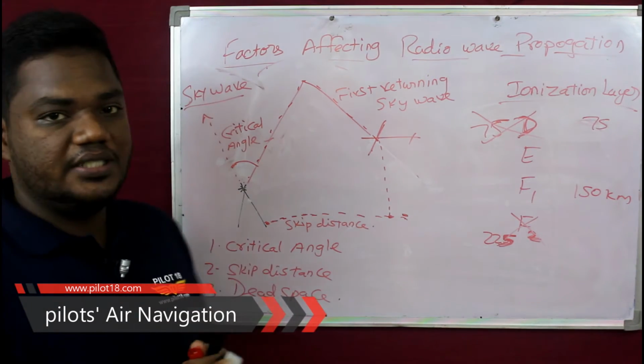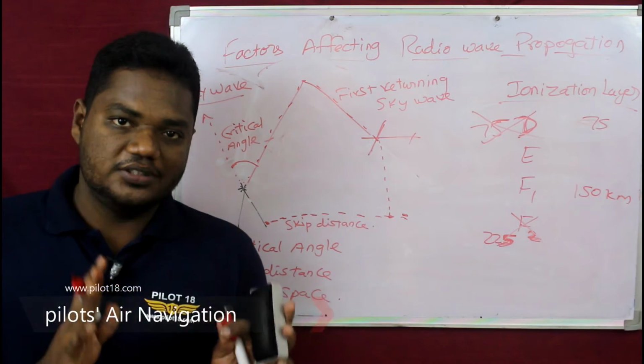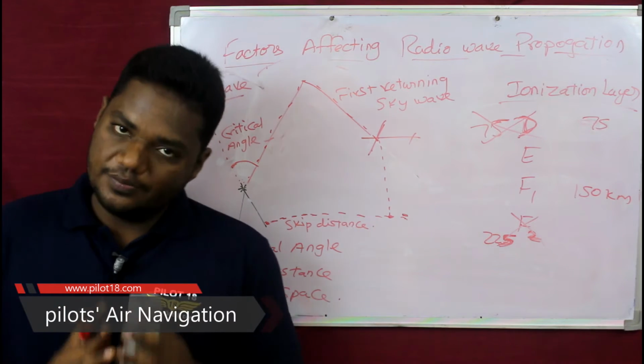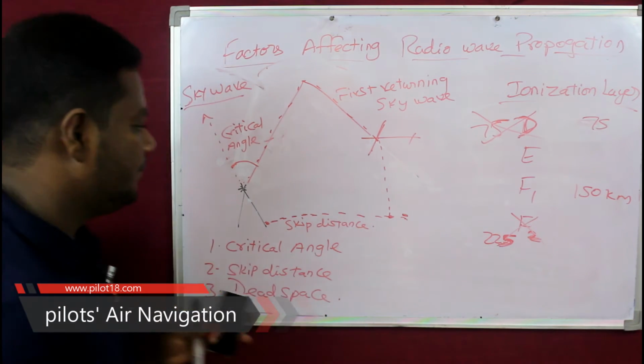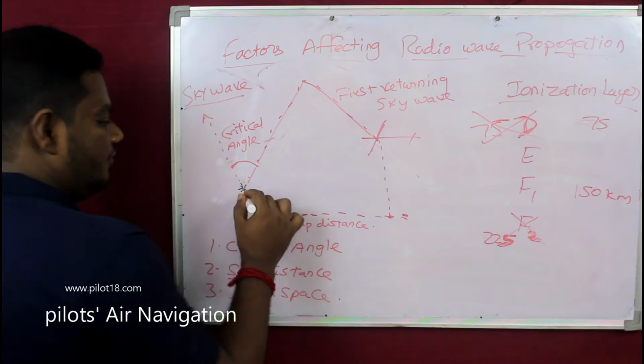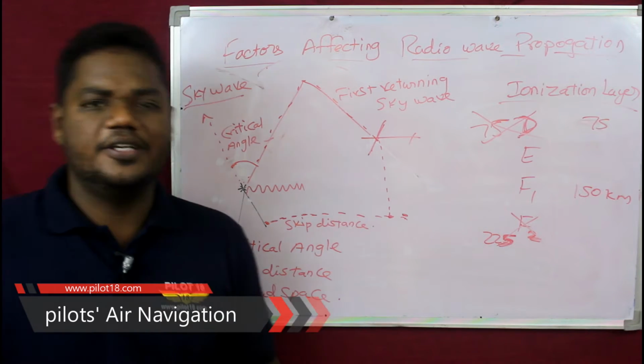Now remember, earlier we have seen surface wave, sky wave, and space wave. No matter whatever waves you are trying to send, surface wave will always be present, you cannot avoid it, right? So even in this case, when you're trying to get the sky wave, there will be some residual surface wave, but they will attenuate soon.